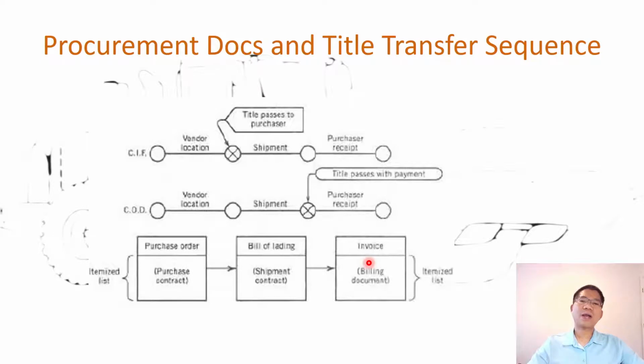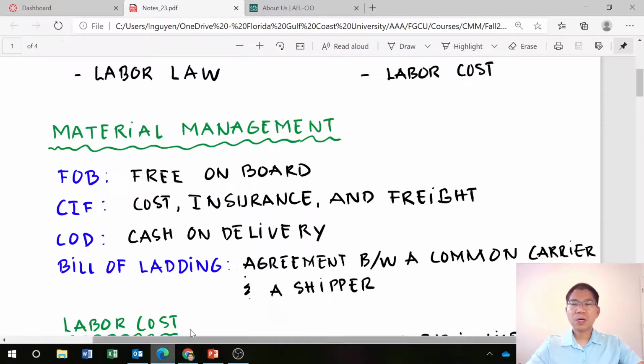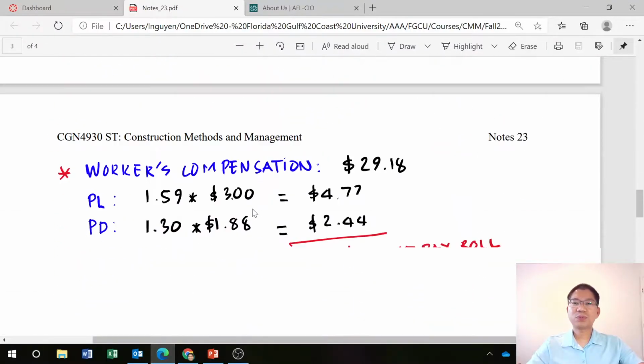So with that, as you can see, the risks during the procurement and transportation depend on the terms of the contract, CIF, COD, bill of lading, etc. So let me apply this to the second problem of today's class, which is problem 2.